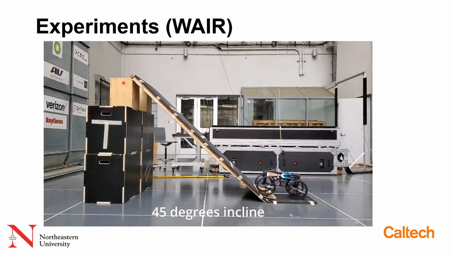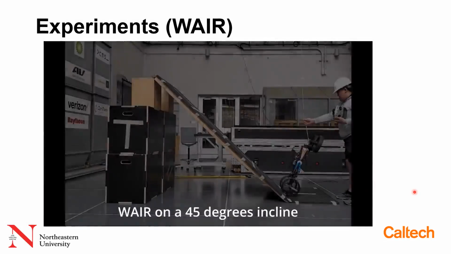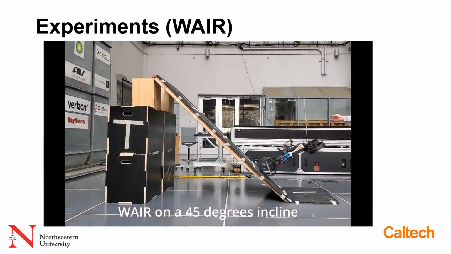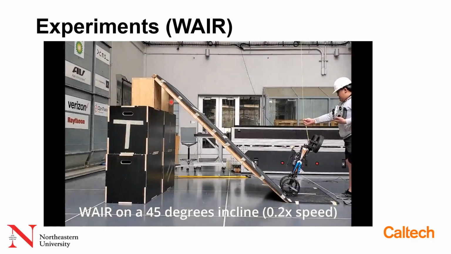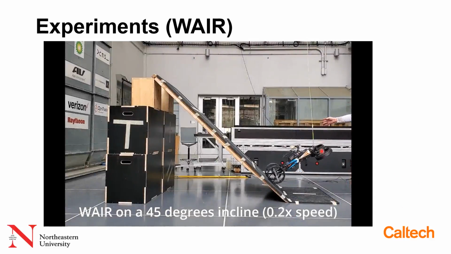This is a steeper incline of 45 degrees. As you can see over here, it cannot climb it in rover mode because it's stepping. So using the thruster and the wheels, we can safely climb this steep surface, no problem. This wire is for safety, in case something bad happens, but it's not doing anything as it's slack relative to the robot.